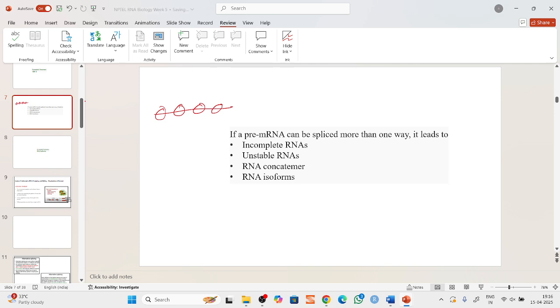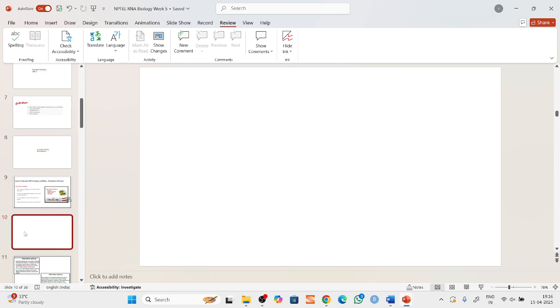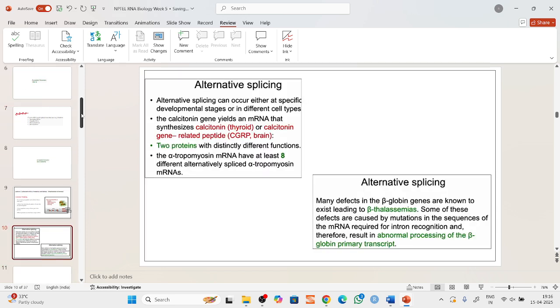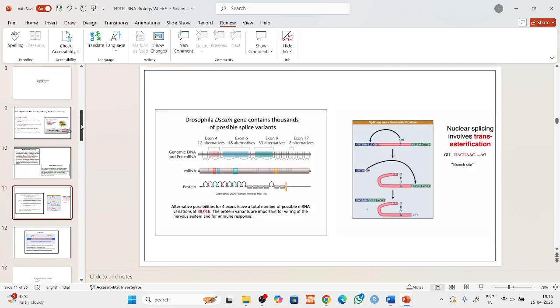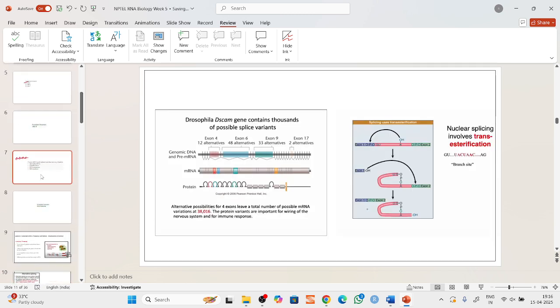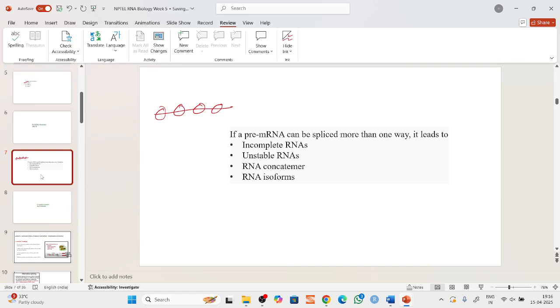If one pre-mRNA is spliced in more than one way, it just leads to the formation of a different kind of mRNA, but that different kind of mRNA is complete in itself. So this cannot be the correct answer. Second is unstable RNA. Again, why would it be unstable? Think, can it be unstable? Think.